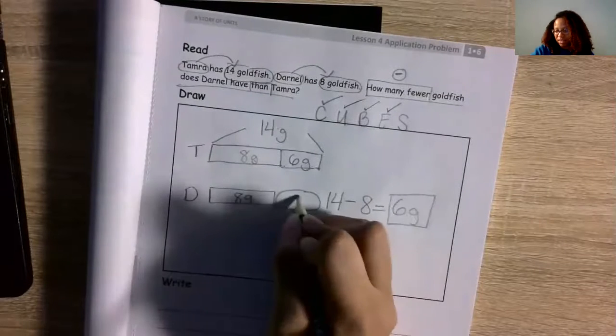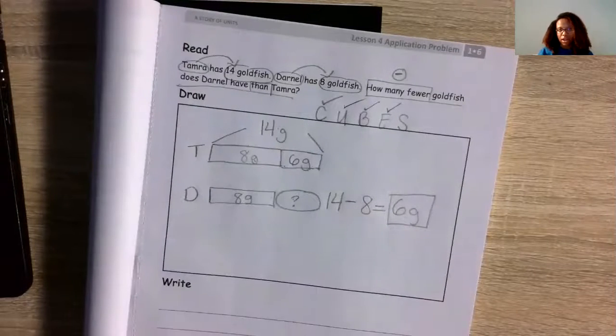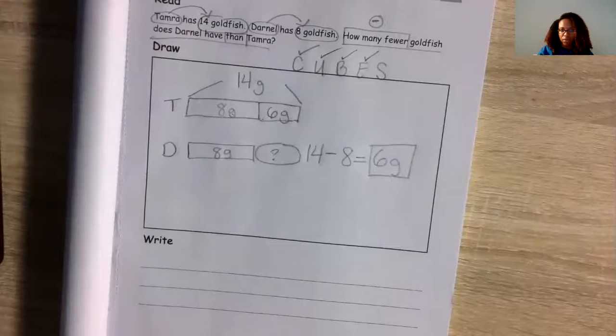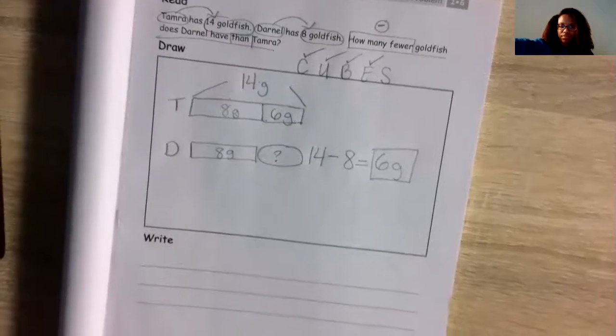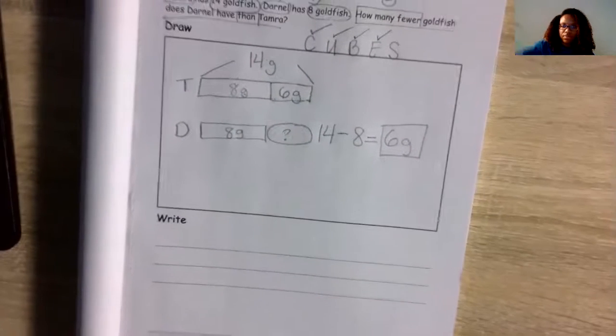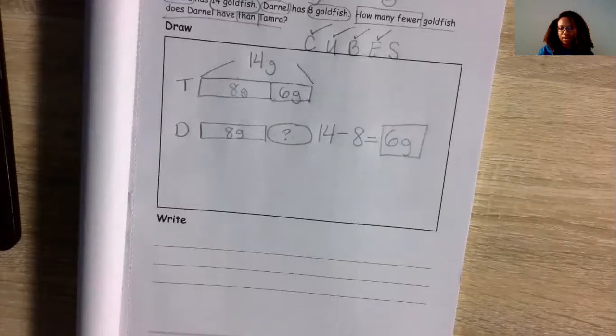So that means he doesn't have them there. Now I figure that out. What can I write for my statement to answer how many fewer goldfish does Darnell have than Tamara?